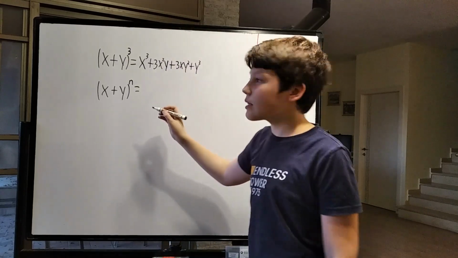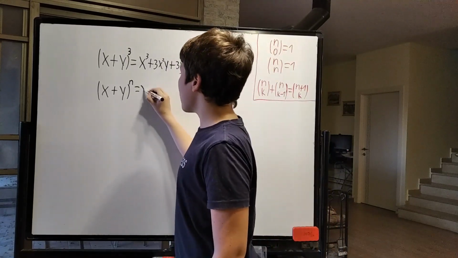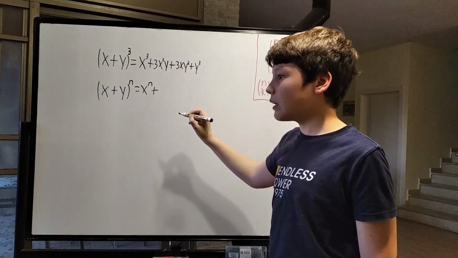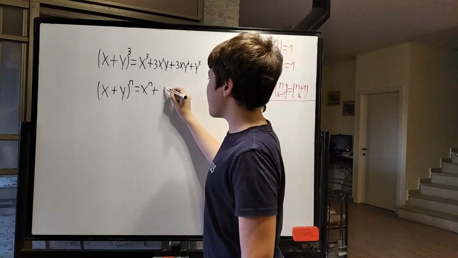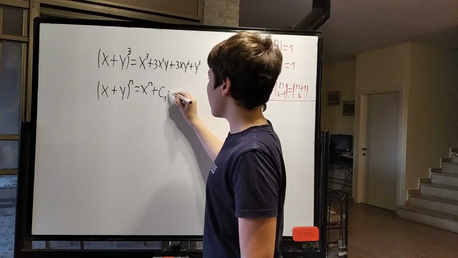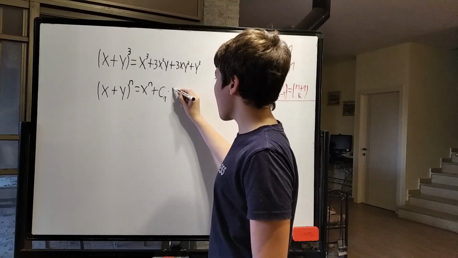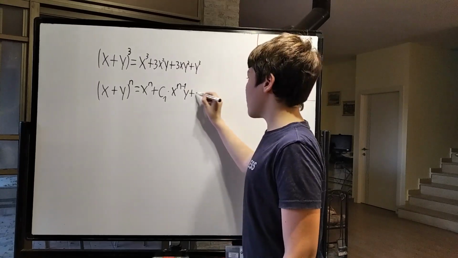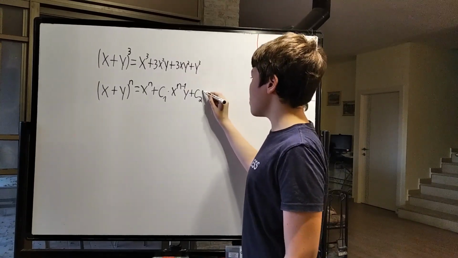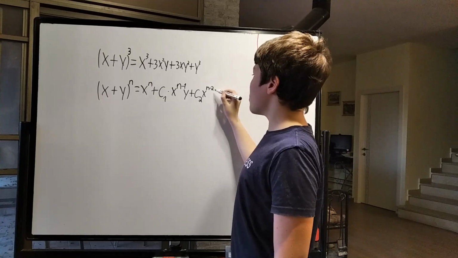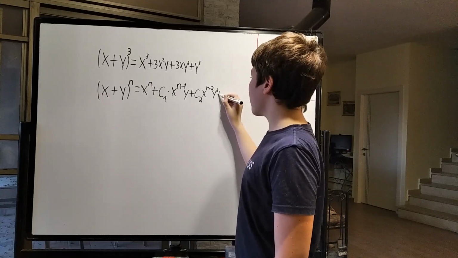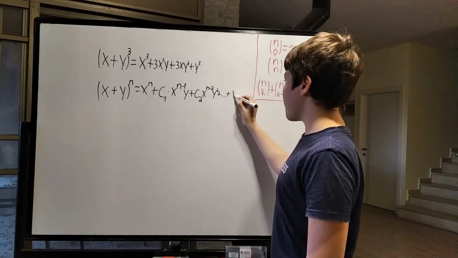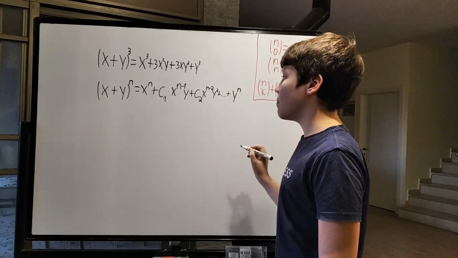Well, it's going to be x to the n plus some number, we'll call it c1, times x to the n minus 1 times y, then another constant, call it c2, times x to the n minus 2 times y squared, and so on and so forth until we end up at the end with y to the n.